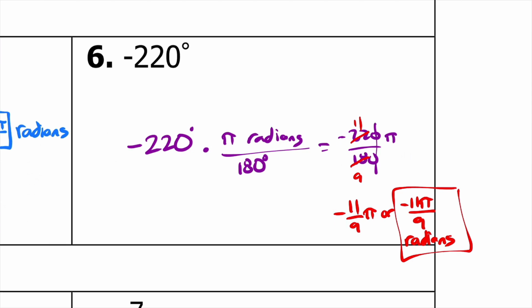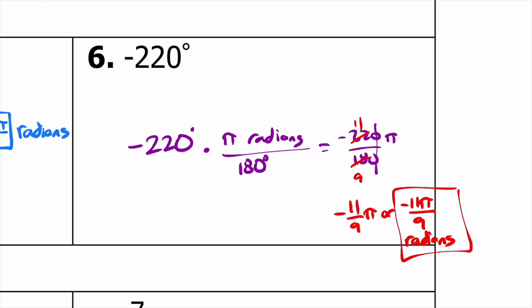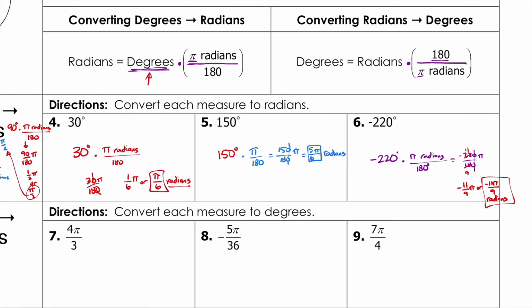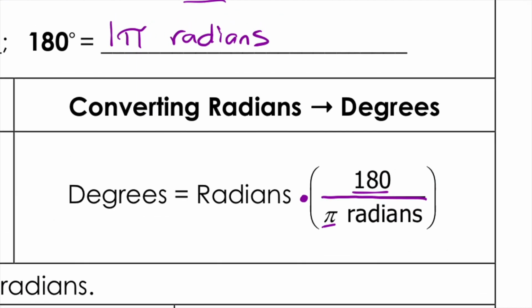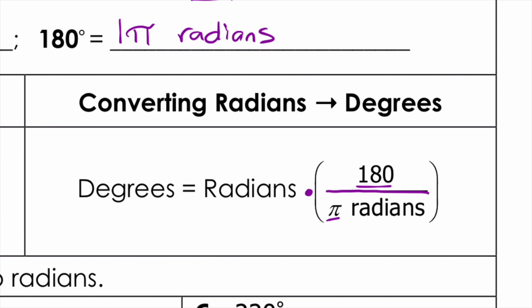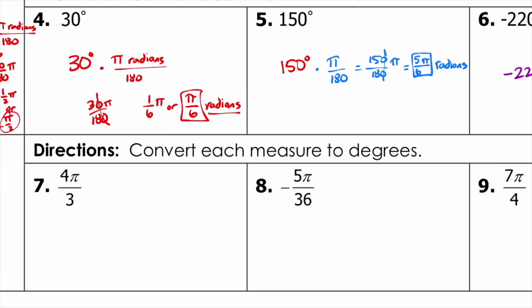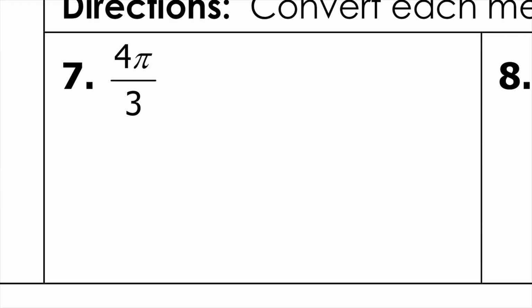Okay, so that's how I convert from degrees to radians. Now let's go from radians to degrees. Let's try this. So now I have a fraction, 4/3 pi. So really quick, is this more or less than 1 pi? 4/3. So you've got to know your fractions. Remember, I've been telling you, you've got to know your fractions. Well, 3 over 3 would be 1 pi, wouldn't it?